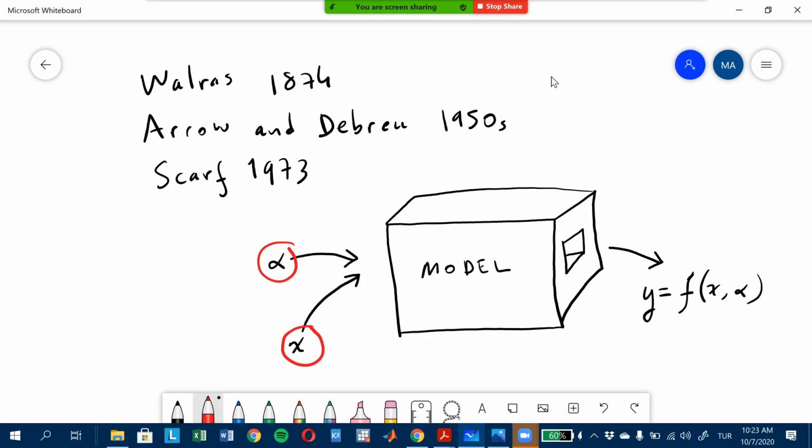So what does the model then do, right? That's the question. So the model is like a box. There's one hole right here, on this side of the box. So you put your structural parameters in, all right, and then you also supply the model with your exogenous variables, and the model is basically a set of equations, okay?